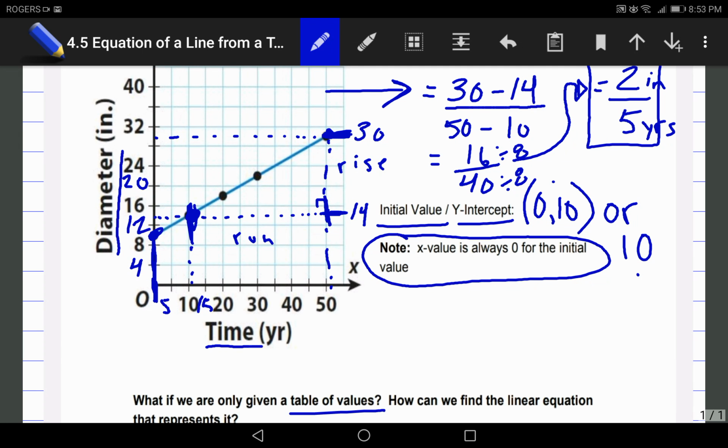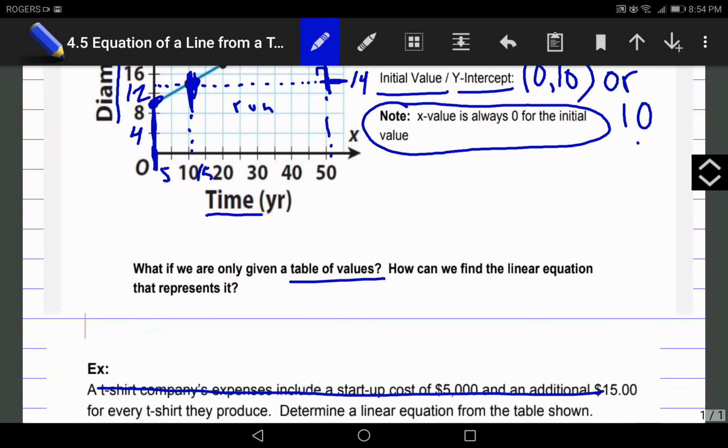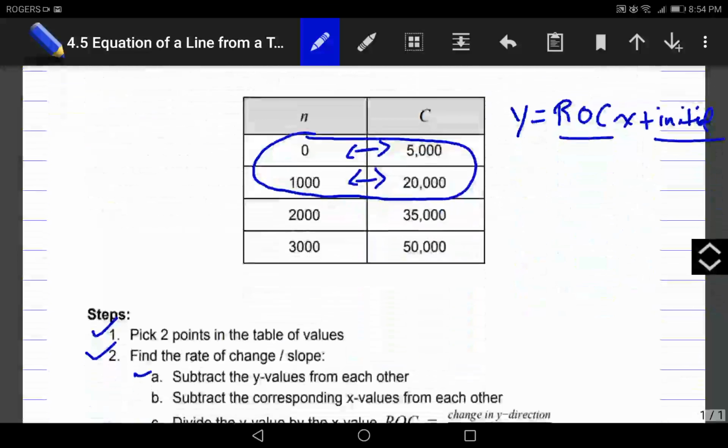I took my two y values and I subtracted them. We're going to do the exact same thing here. We are going to take 20,000 and 5,000 and subtract them. Now you may ask, which one do you subtract from the other? It's always the one below that you write first.